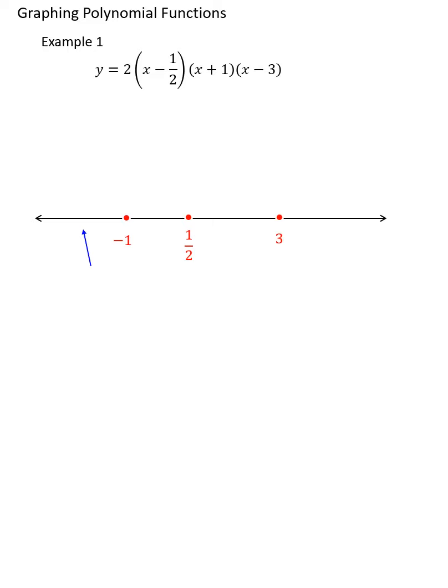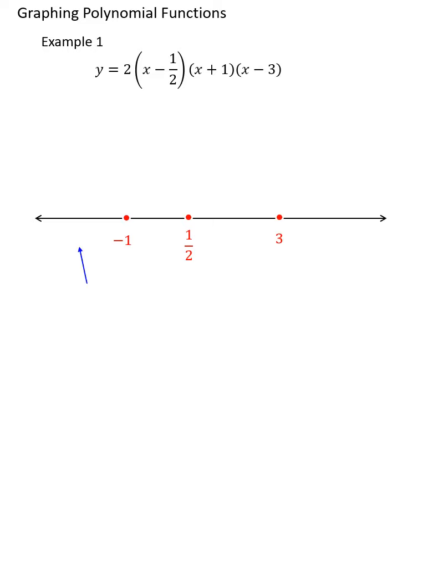On the other hand, if I get a negative answer, then I'll know that the graph is below the x-axis. And I'll do the same thing here. I'll pick a number in this region, plug it in. If I get a positive, the graph is above. If I get a negative, the graph is below. Same here, pick a random number. Same here, pick a random number.